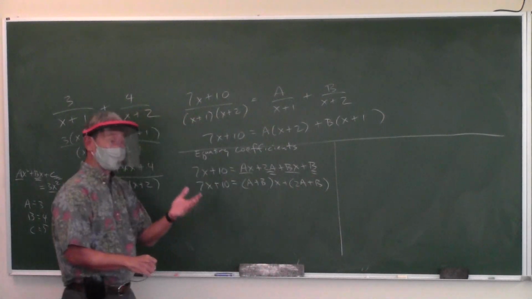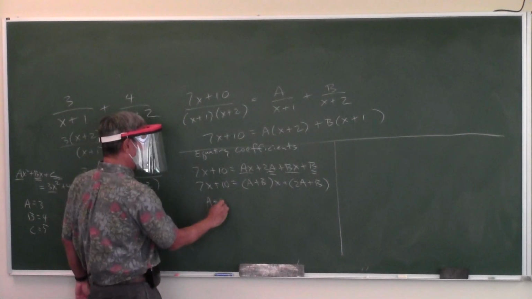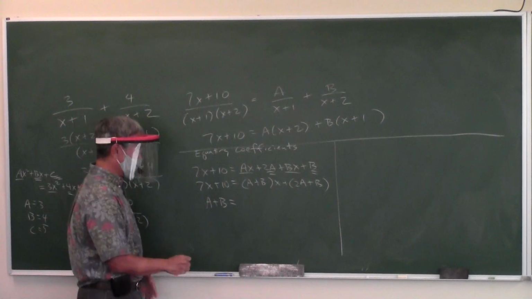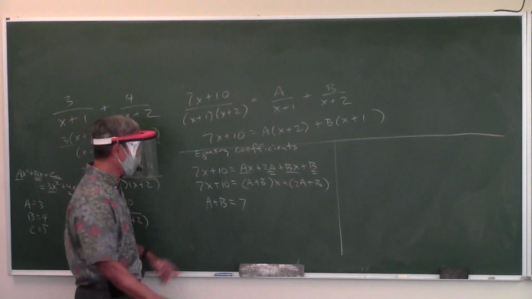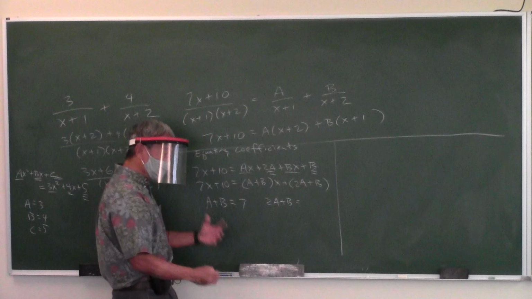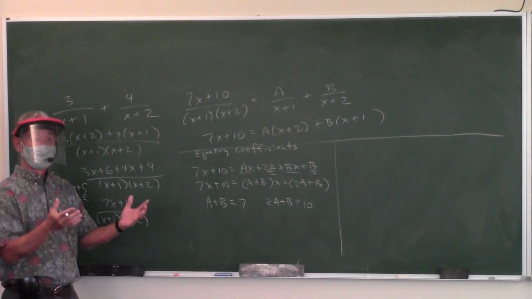So, equating the coefficients, just like we did over here, a plus b has to equal what? 7, right? The coefficient of x has to equal the coefficient of x. And then 2a plus b has to equal 10. The constant has to equal the constant.